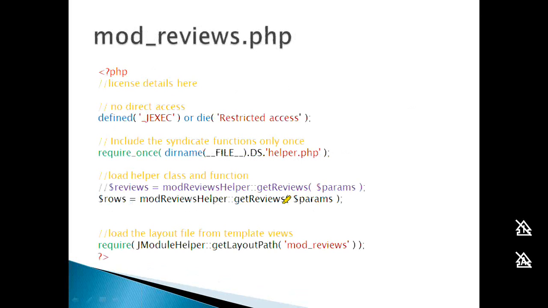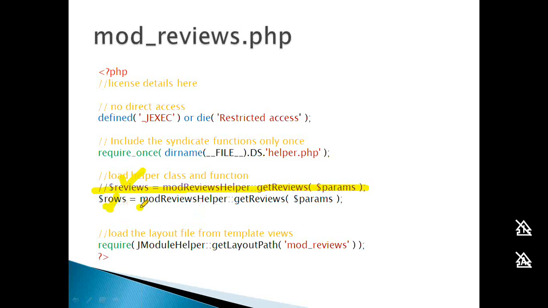So here is the mod_reviews.php file. Rest, everything is the same. I have marked this in the purple color. This particular line is the previous line. So here, instead of the reviews, we are now calling the rows. We have defined a different variable. It could be kept even reviews. It doesn't matter, but for better understanding, we are keeping it rows. So what would happen?